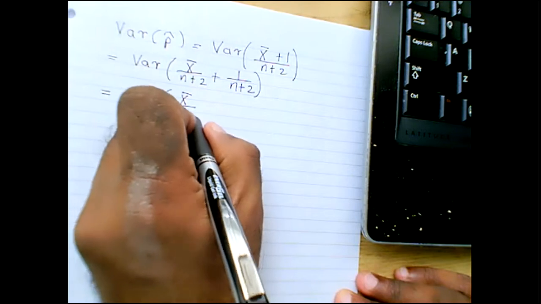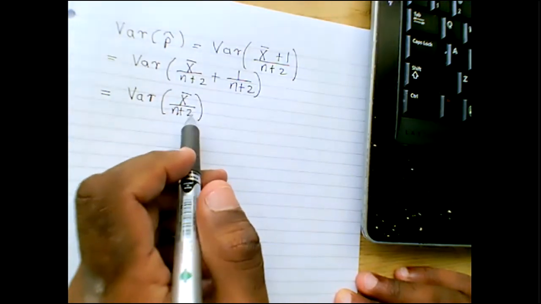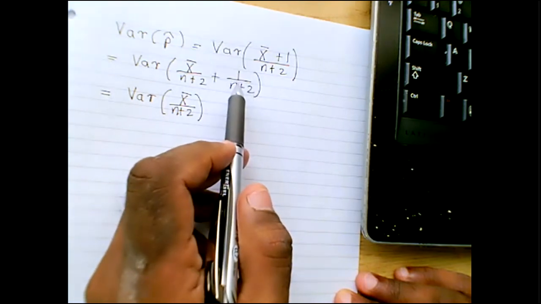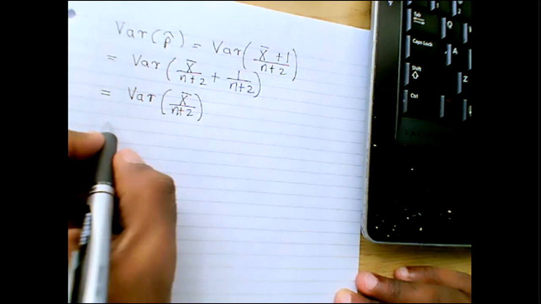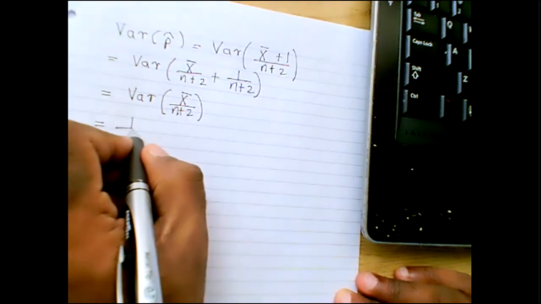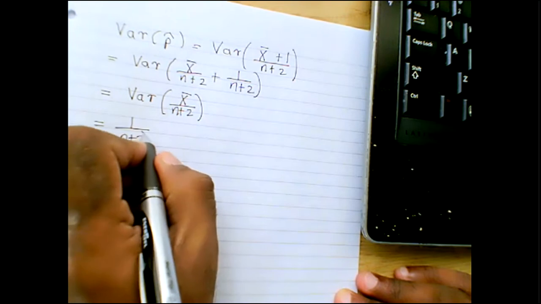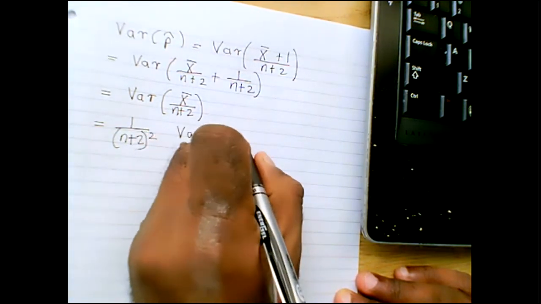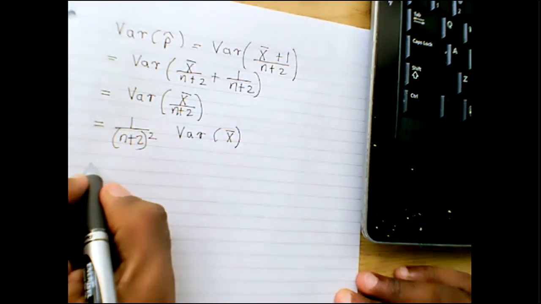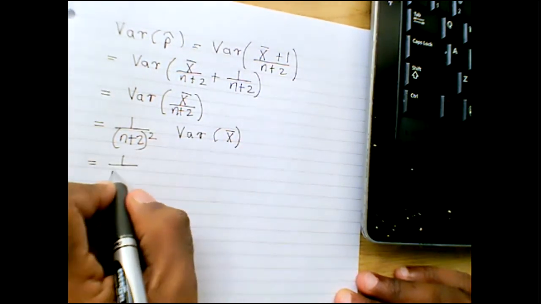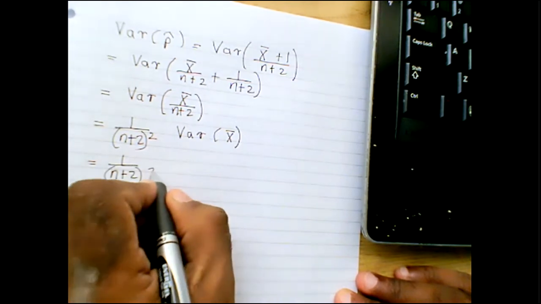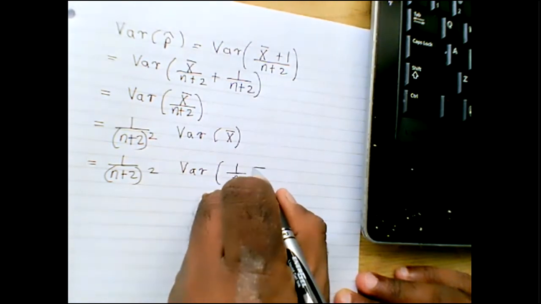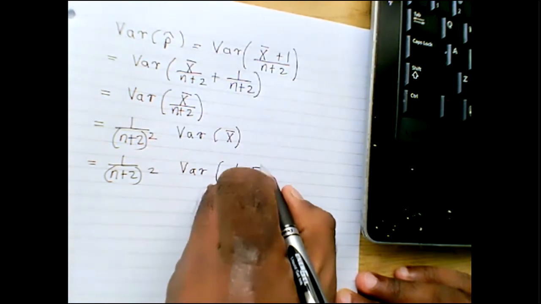This is a constant, so it doesn't change the variance. Now n plus 2 is also a constant, so you can pull it outside. So this becomes 1 over n plus 2 squared times the variance of x bar. Now the variance of x bar, you know, is the variance of the sample mean, so you can write it like this.